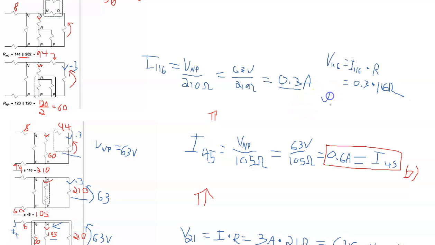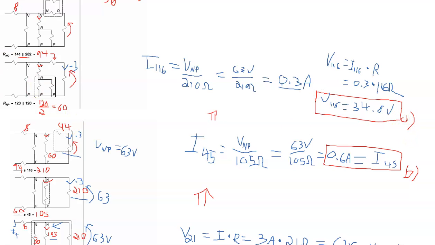And so the voltage drop across the 116 ohm will be, if you work that out, 34.8 volts. Okay, so now that is the answer to part D, and very often you don't do them in order, and that's no big issue.